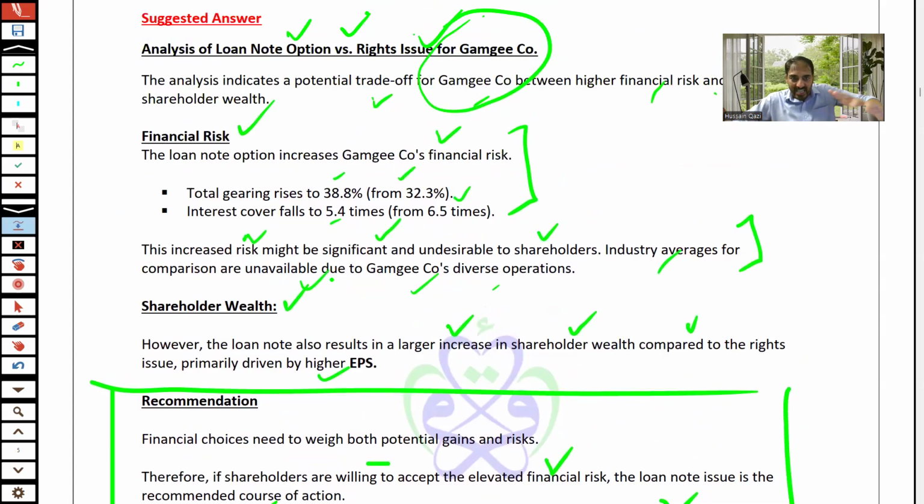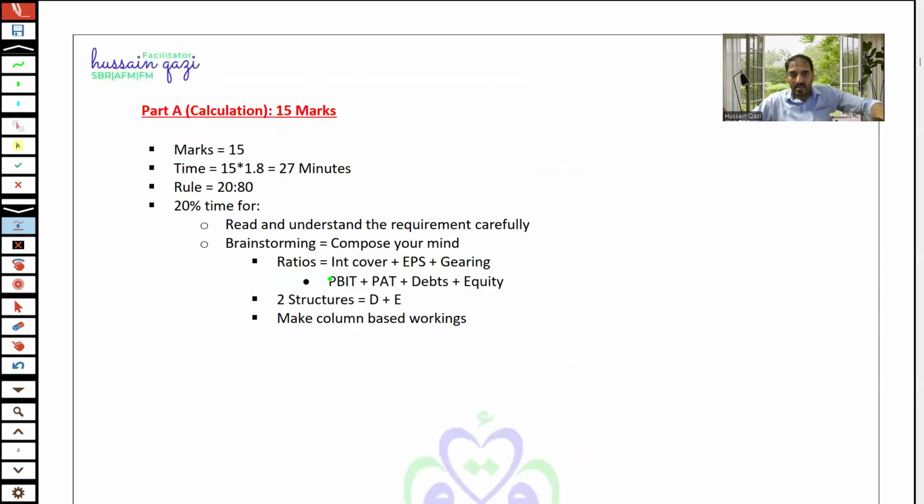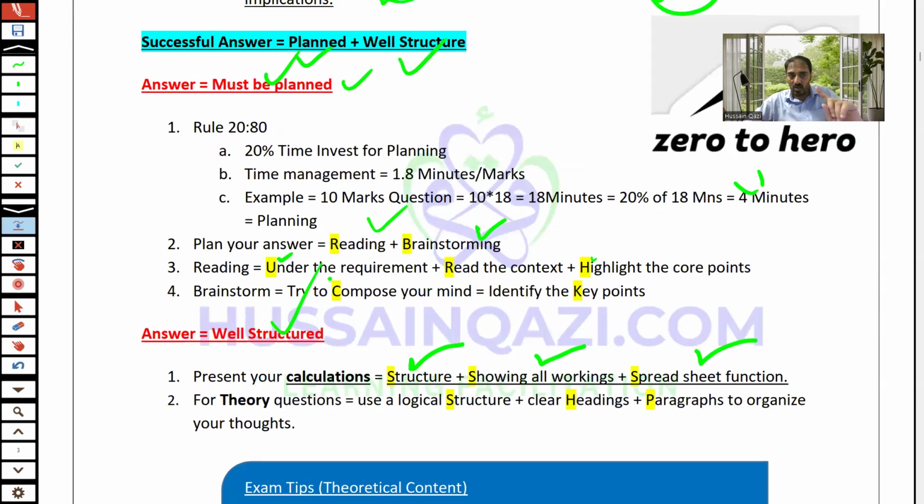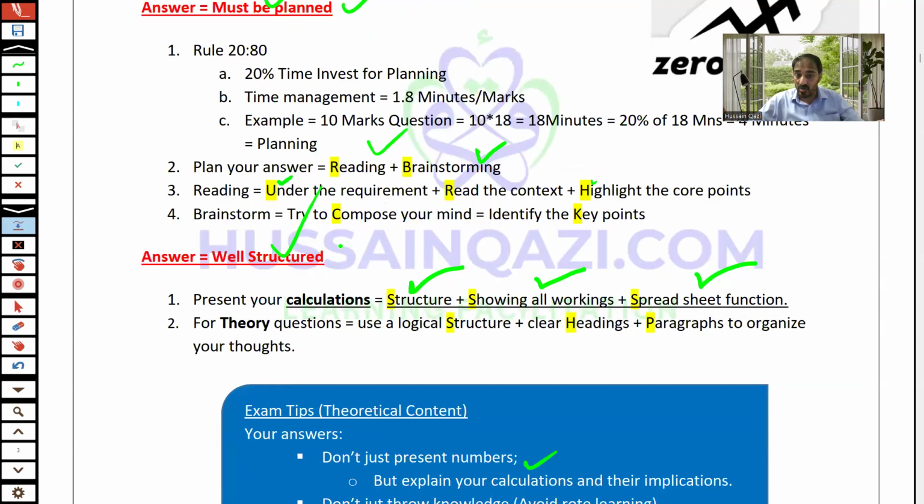So once again, I must ask a question here. Before attempting this part, did we plan? Yes. Our answer is well structured with respect to theory.